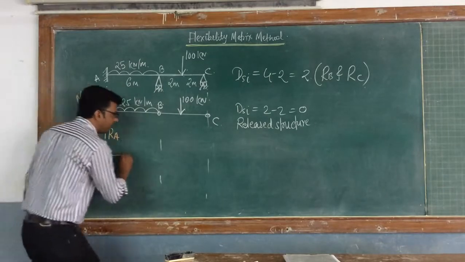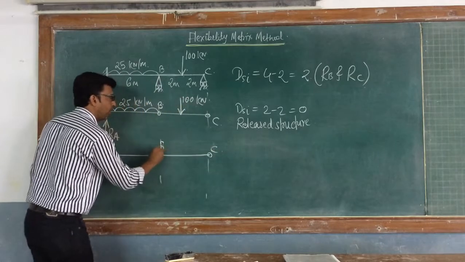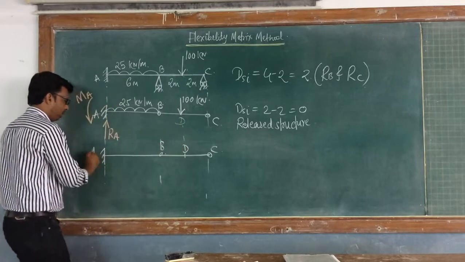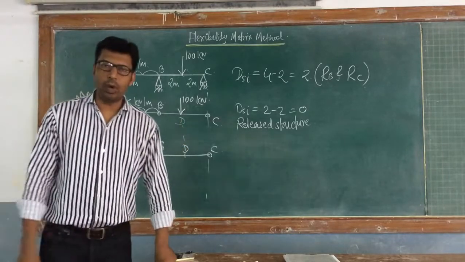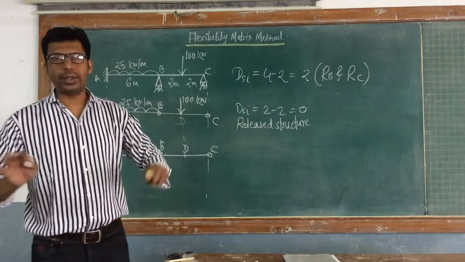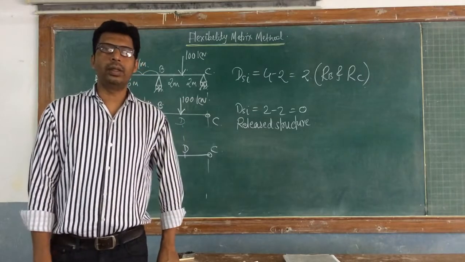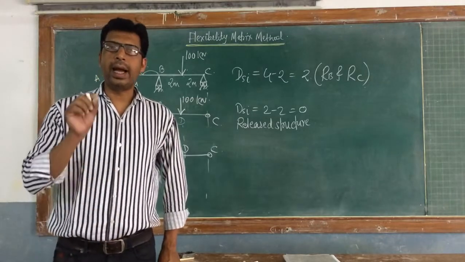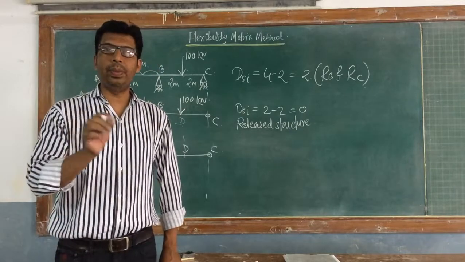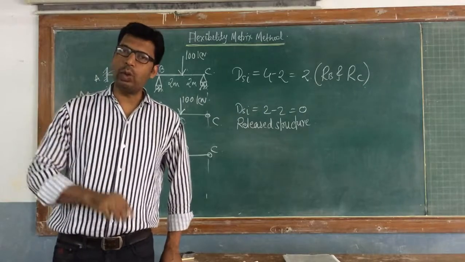Unit load figures means, now in the release structure, remove all external load and apply unit load one by one. At which point? At a point where your RB and RC are active. That is reaction at B and reaction at C. So the first figure will be RB equal to 1.